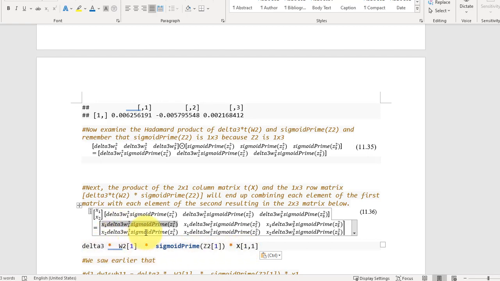Here's W21, and here's sigma prime of Z2 sub 1, and this is sigma prime of Z2 sub 1. So you can go through and make sure that all of these are correct, but they do seem to be correct. And so we have the mathematical expression for the derivative matrix for capital W1, all the weights in the W1 level, and we have the code for it as well.